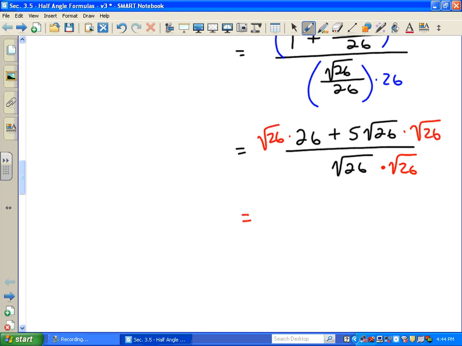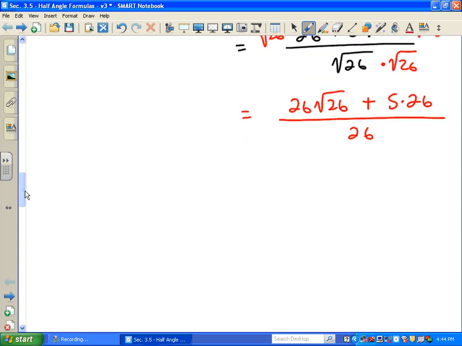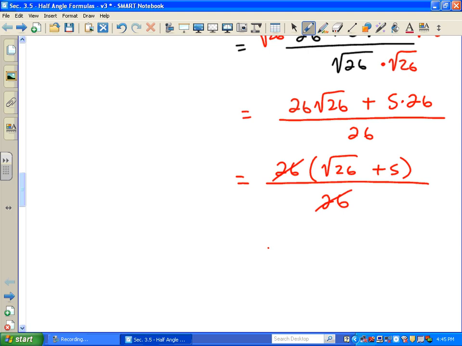And so your final answer will be 26 roots of 26 plus 5 times 26 all over 26. You can actually now factor out a 26 from the numerator. You'll have 26 times root of 26 plus 5 all over 26, and then these two cancel. Final answer, root of 26 plus 5.